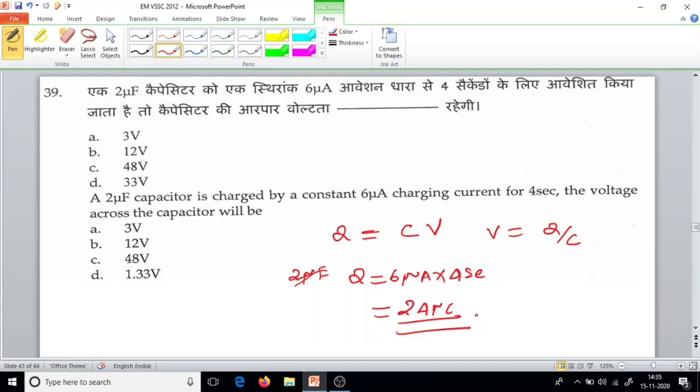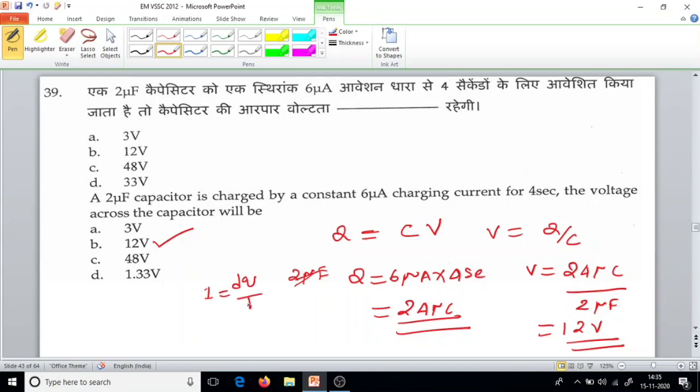So 24 microcoulomb of charge has flown, and that is there in the capacitor. Now what is V? V equal to 24 microcoulomb divided by 2 microfarad. So it is equal to 12 volt. So the answer is option B, 12 volt.